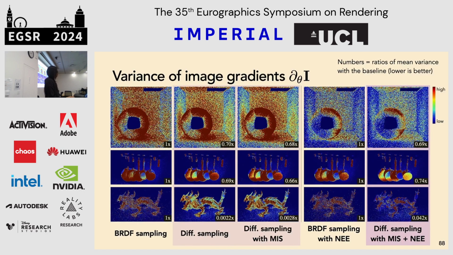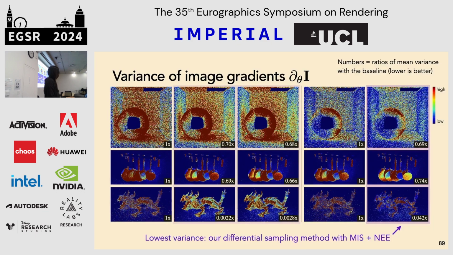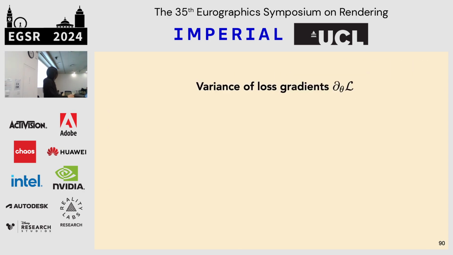The improvement is subtle for some of the scenes, but we find that our method consistently reduces variance compared to standard BRDF sampling. And we obtain the lowest variance when using our method with multiple importance sampling and next event estimation. Because our adaptive sampling method is used for estimating the loss gradient, we cannot evaluate it by looking at the variance of image gradients as we did before.